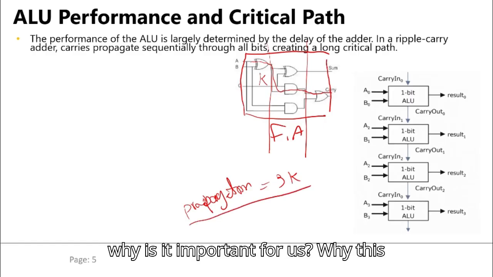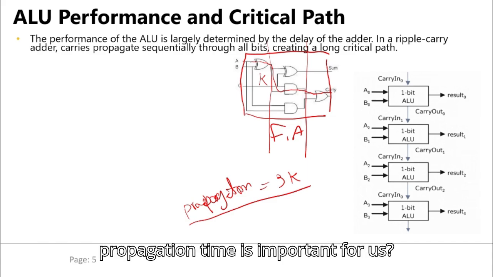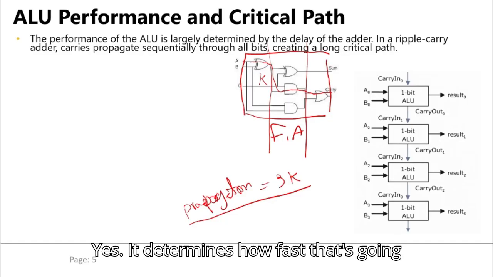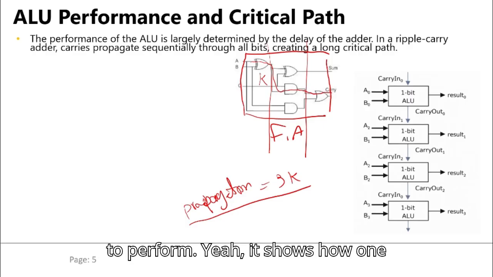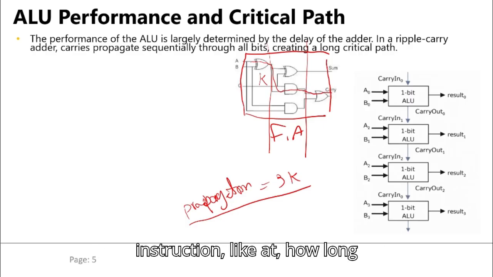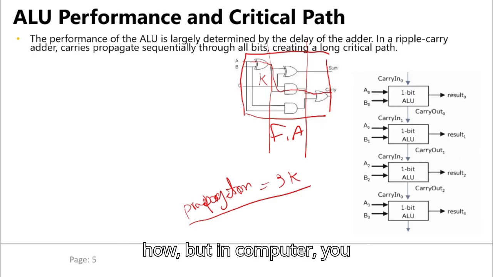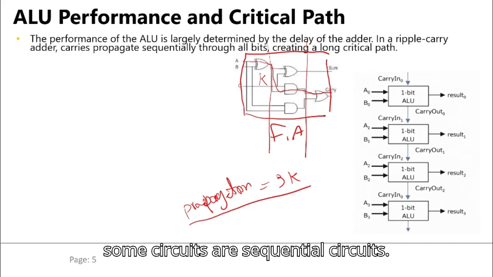But why is this propagation time important for us? Yes, it determines how fast it's going to perform. Yeah, it shows how long one instruction, like add, takes. In digital logic you learned that some circuits are combinational and some are sequential.